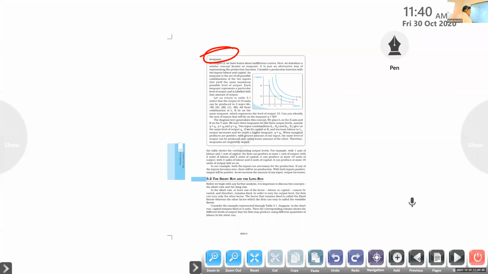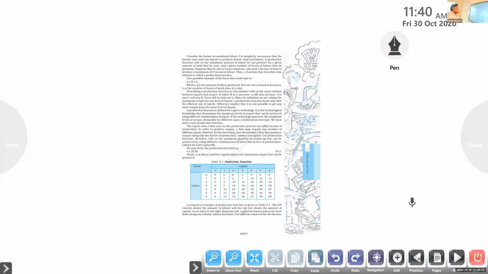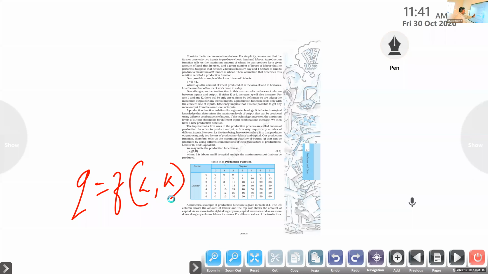We discussed that with the help of a table, and we learned that Q, the quantity produced, is a function of labor and capital. For easy understanding, here we are using only two factors of production: one is labor, that is L, the other is capital, denoted with K. Labor and capital, and we also observed different combinations.